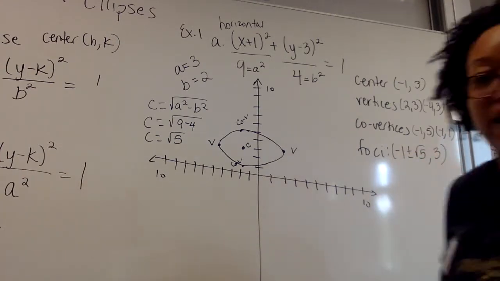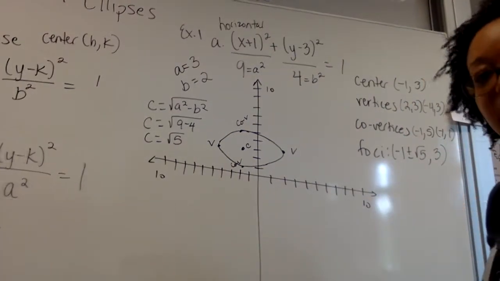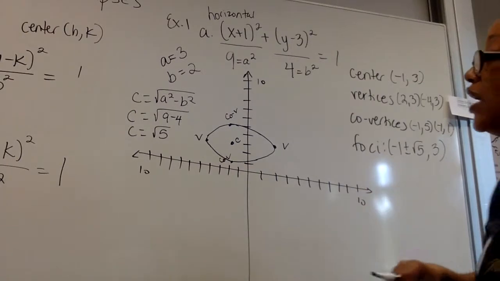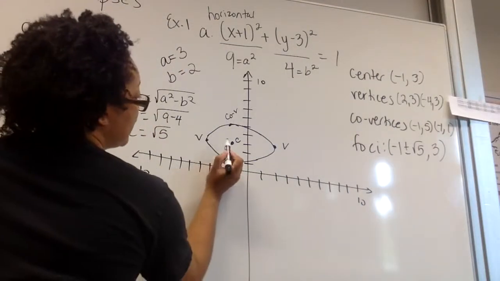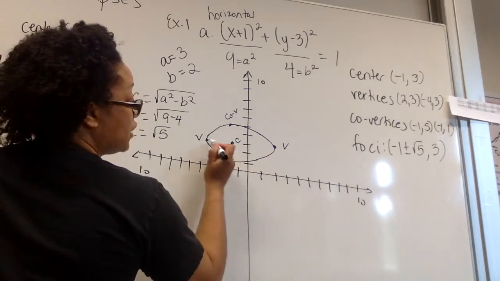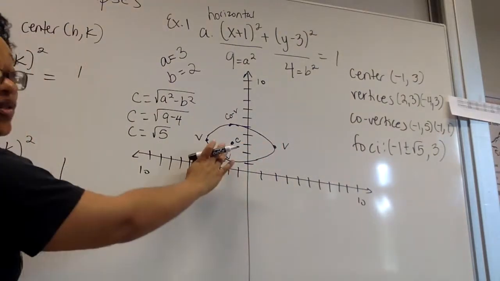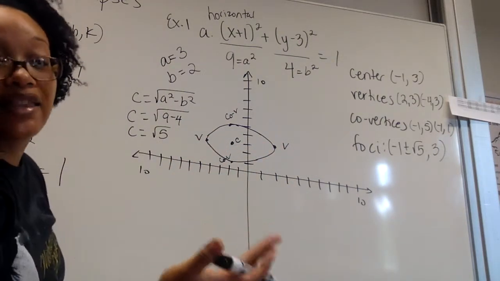Now, I'm not going to try to graph that because that square root of 5, I think it's like 2 point something, and then you'd have to go to the left or the right. What you need to know for sure is that focus point would lie somewhere in here. And this is at 3, so it would be right on this line somewhere. So if you just write it, you don't necessarily have to try to plot it unless we can.